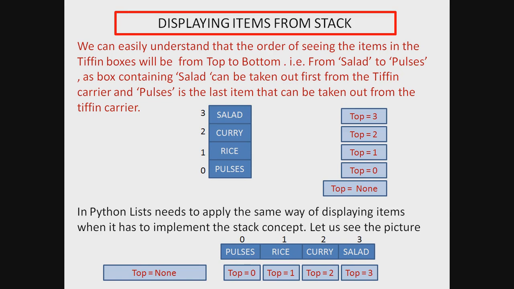So if I had entered pulse first, then inserted rice, then curry, then salad, then a Python programmer, when he has been given the task of displaying things, he should first display salad, then curry, then rice, then pulses. So displaying is also at a reverse order than the order of inserting things in a list, if the list is being maintained as a stack.